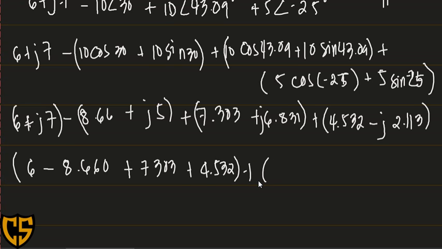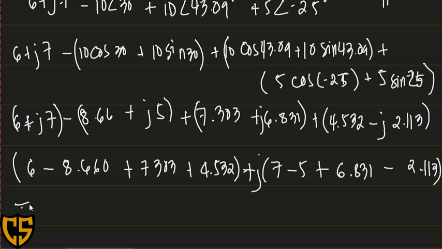Plus, for the imaginary part, we have 7 minus, distribute the negative, so minus 5 plus 6.831 minus 2.113, and our j should be here.